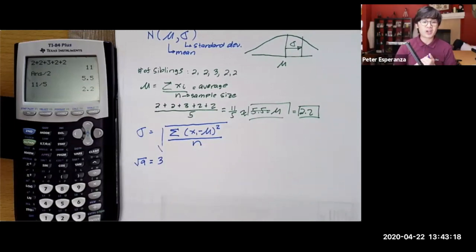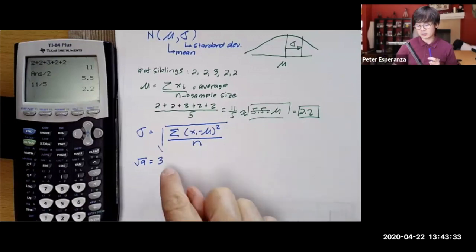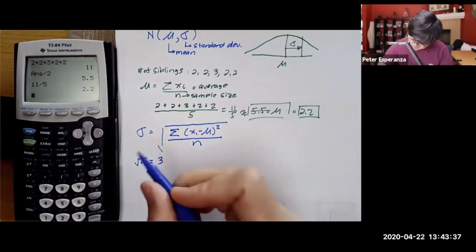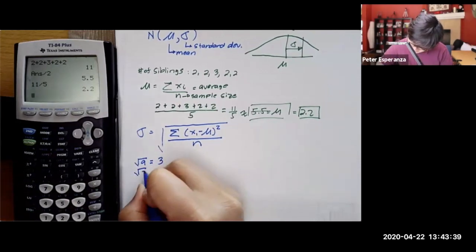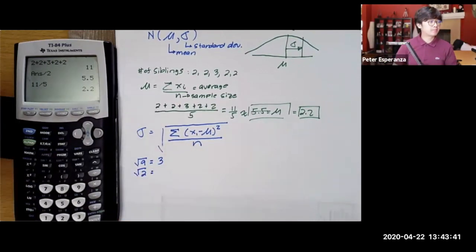And perfect squares are 1, 9, 16, 25, 64, 144, and so on. The square roots of those numbers are easy to find because they're perfect squares, and their answers are going to be an integer or a whole number. But what is the square root of 2?